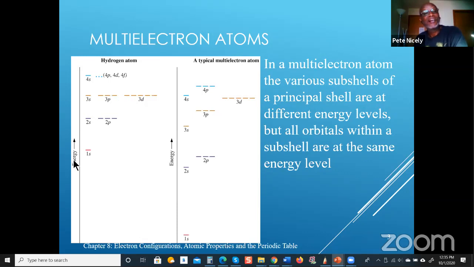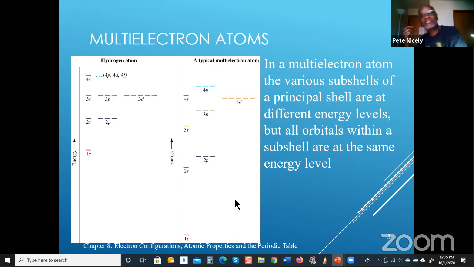So for example, the first shell here has the 1s orbital, which has an energy level at this point right here. But in the case of the multi-electron atom, the 1s, or the first shell, I should say, is of a lower energy. The same is true for the second shell when you compare the two, and the same is true for the third shell when you compare the two, right?